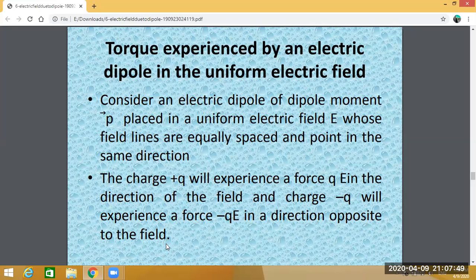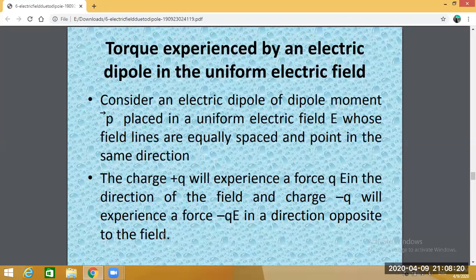Just now I have discussed that E equals Fe upon Q. Therefore, Fe equals Q into E. So if Q is positive, then positive charge plus Q will experience a force Q into E in the direction of the electric field. And the negative charge minus Q will experience a force minus QE in the direction opposite to that.